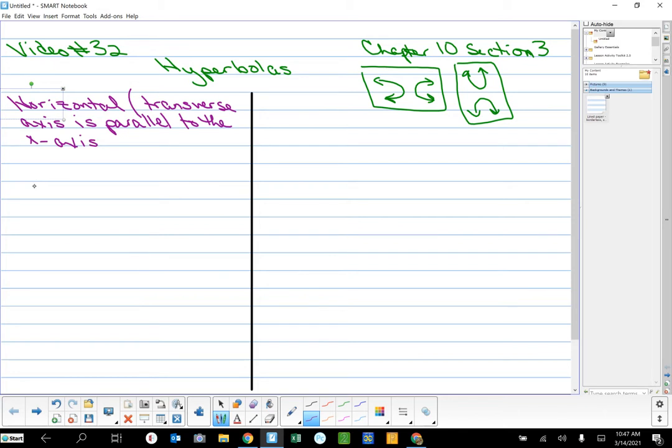And when that happens, here's your coordinate plane. The picture of the hyperbola in the coordinate plane would open left and right if it is horizontal. So it opens left and right.